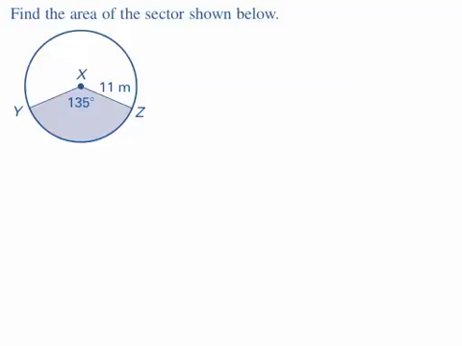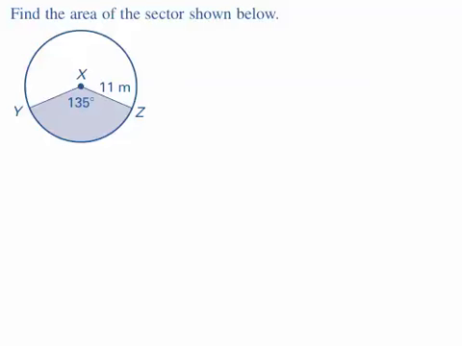This next example says, find the area of the sector shown below. We know that the radius of this circle is 11 meters, and they also tell us that the central angle is 135 degrees. Because my central angle, angle YXZ, is 135 degrees, we know that the measure of arc YZ is also going to be 135 degrees.